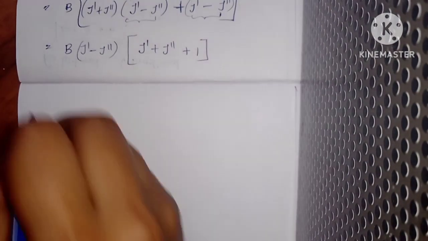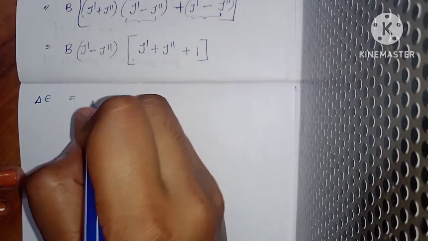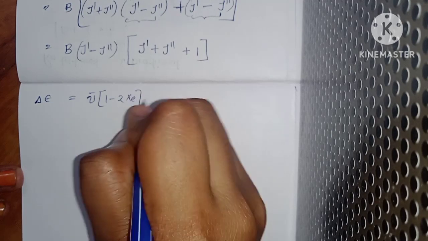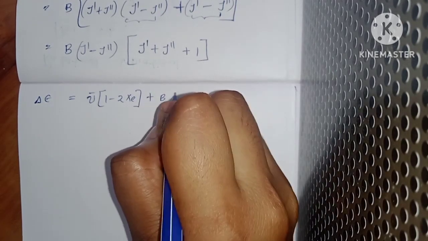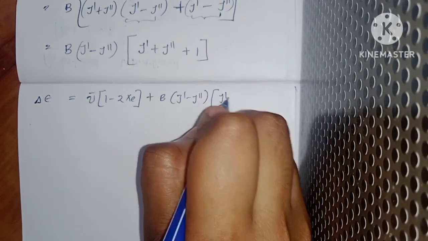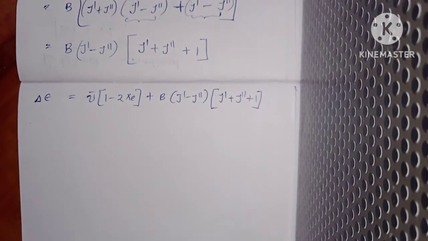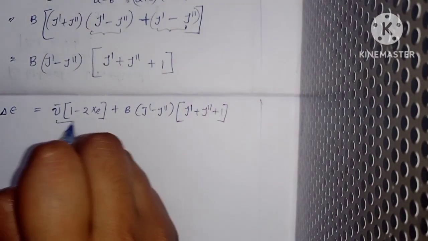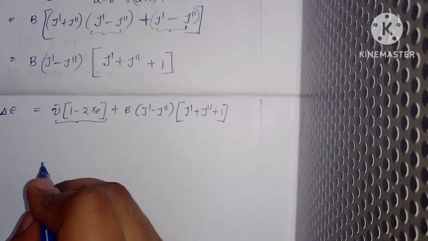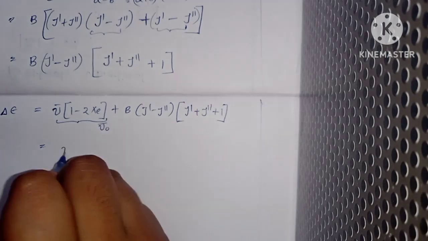So the total energy required for a rotational vibrational transition will be equal to mu bar into 1 minus 2xc plus B into J dash minus J double dash into J dash plus J double dash plus 1. And this mu bar into 1 minus 2x is the energy required for the fundamental vibration, that is from 0 to 1. It can be expressed as a simple term mu bar 0.